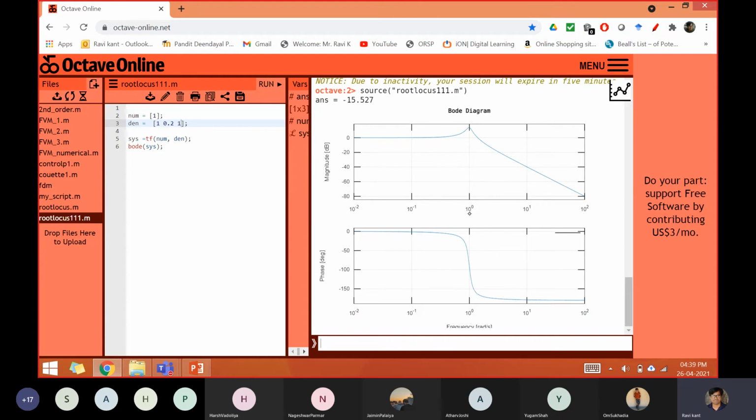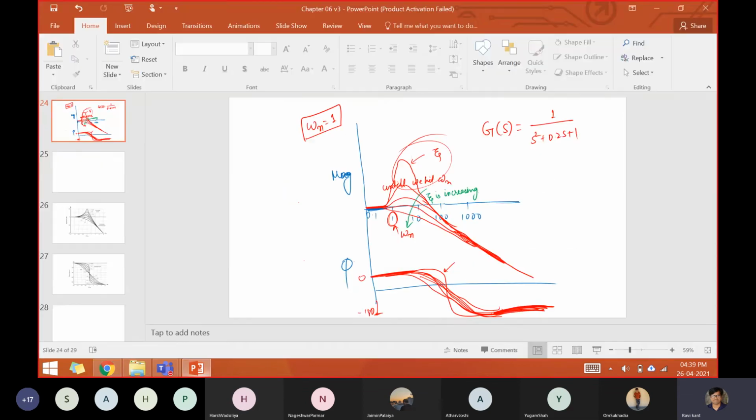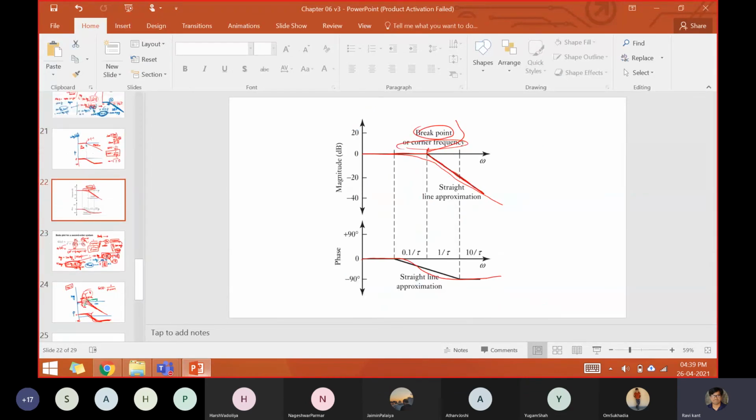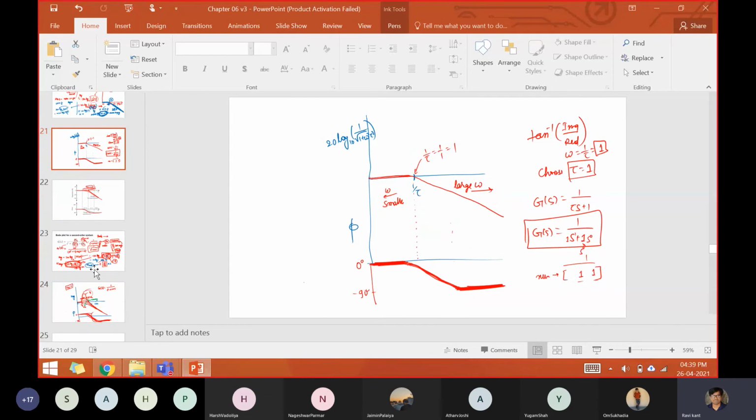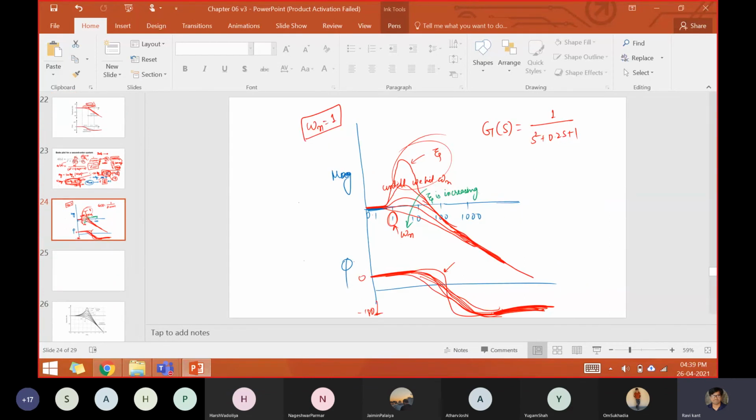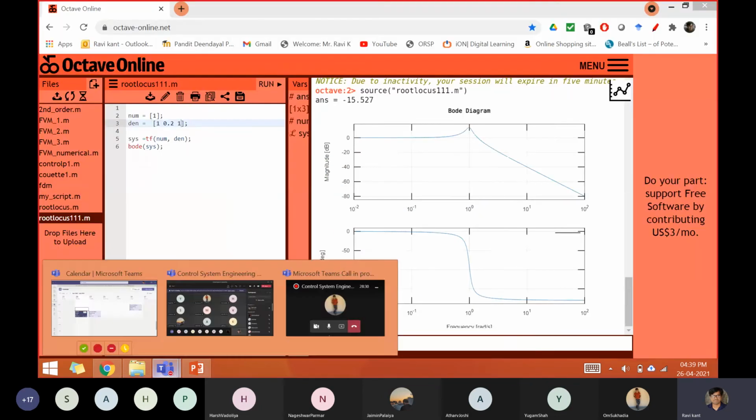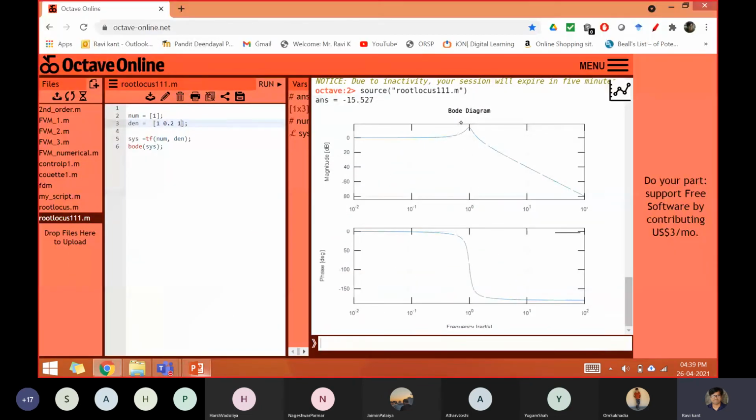You can see at the natural frequency, since this is a second order system, it will be characterized by omega n, whereas the first order system was characterized by its time constant. So you will have some jump depending upon your zeta value, and yes, this is the plot.